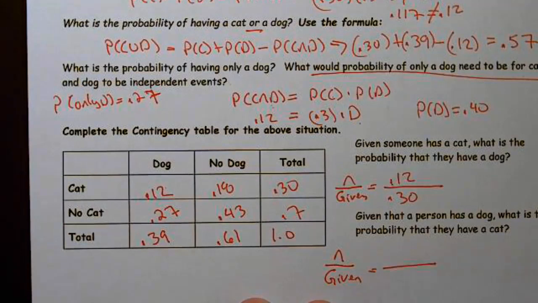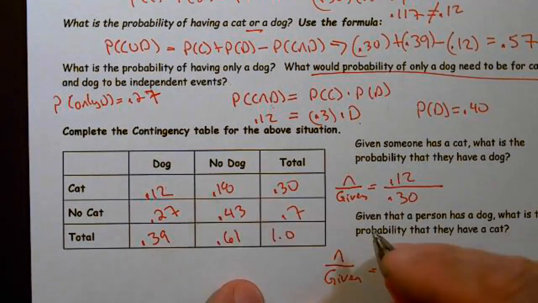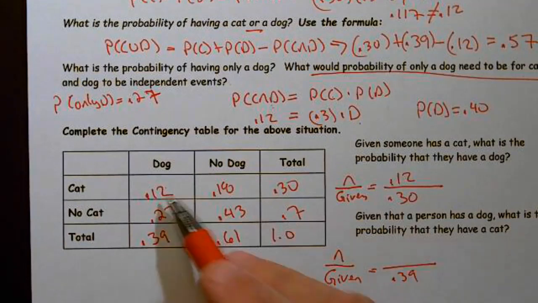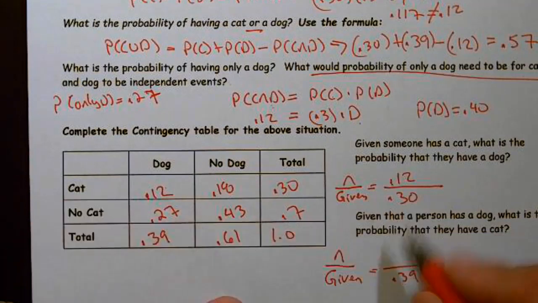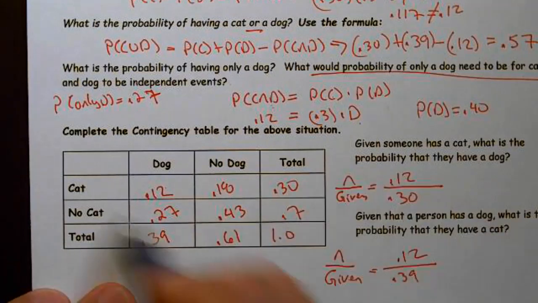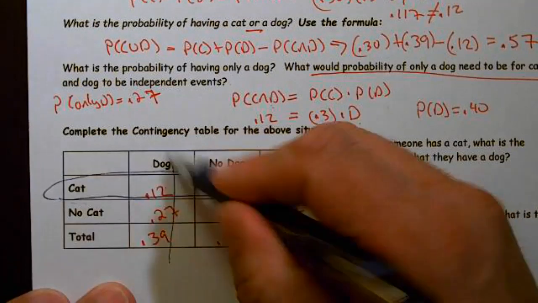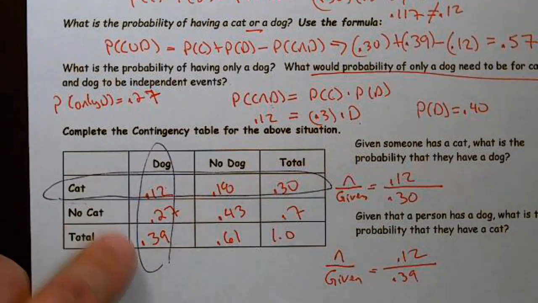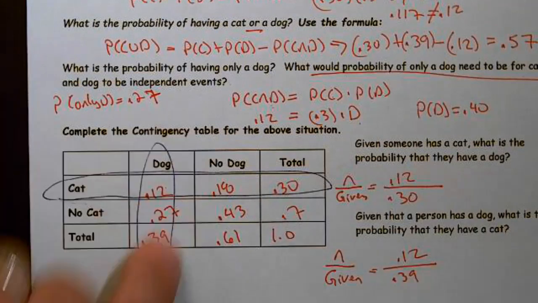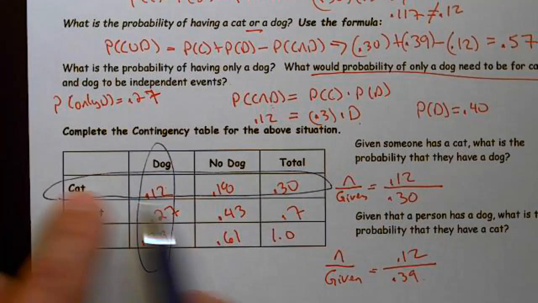So in this case, we're dealing with a dog, which is 0.39, and we want the probability of a cat, which is 0.12. All right. And all I did was say for this one, this is my given, that's my intersection. Then I came back and did the same thing, did my intersection for dog.